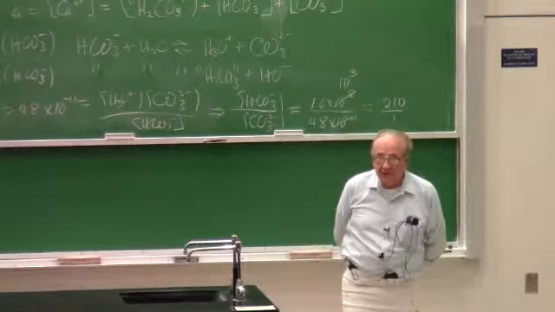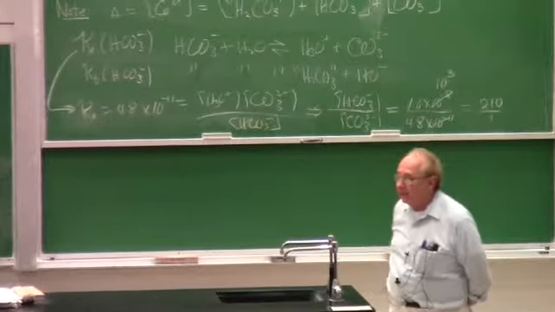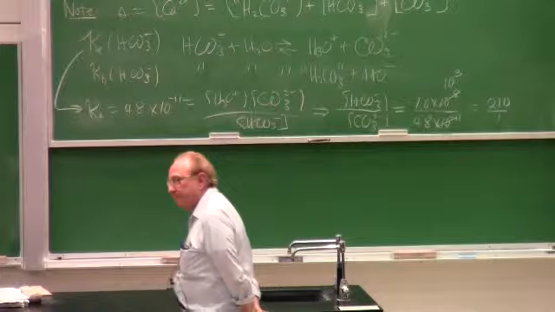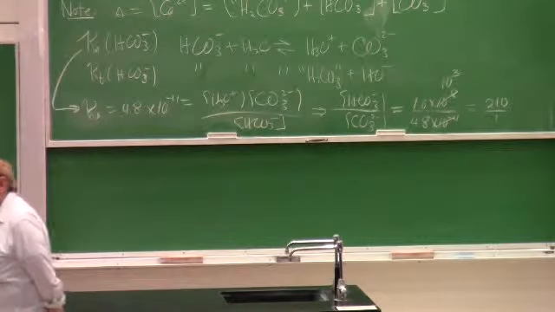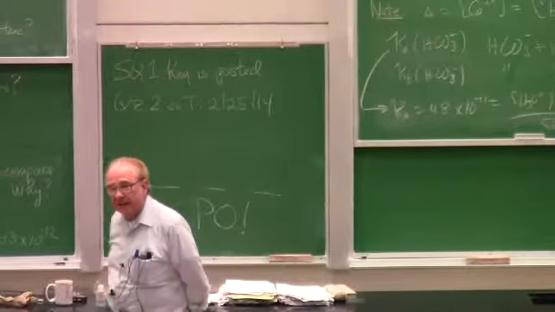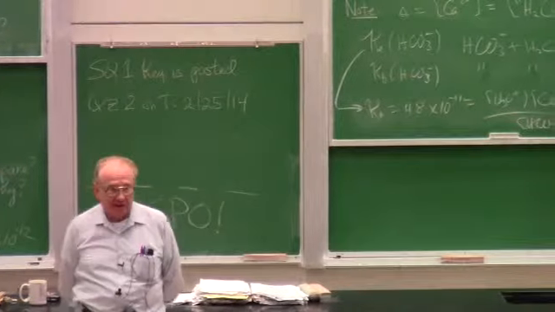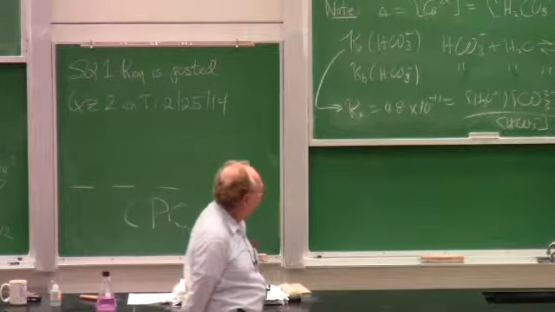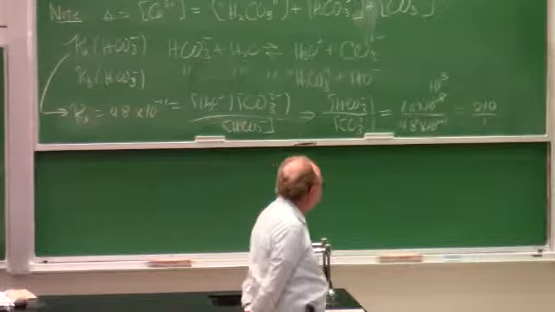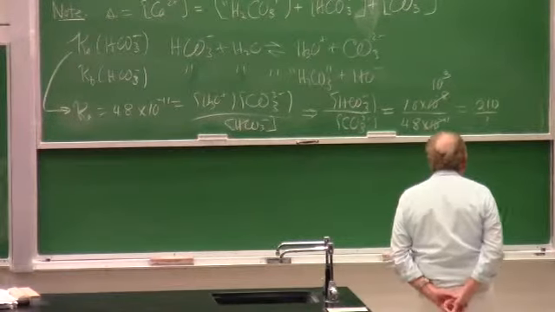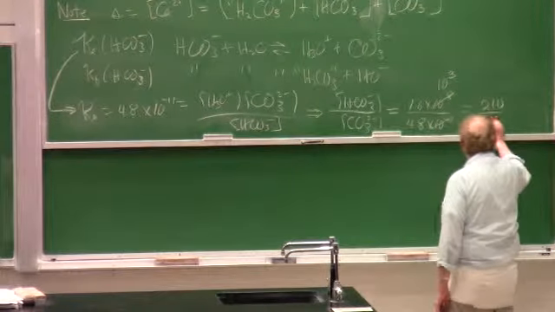Do you accept my statement now that practically speaking there's no carbonate in the system? Because the molarity of bicarb is 210 times greater than the carbonate molarity. Now let's look at bicarb and H2CO3.